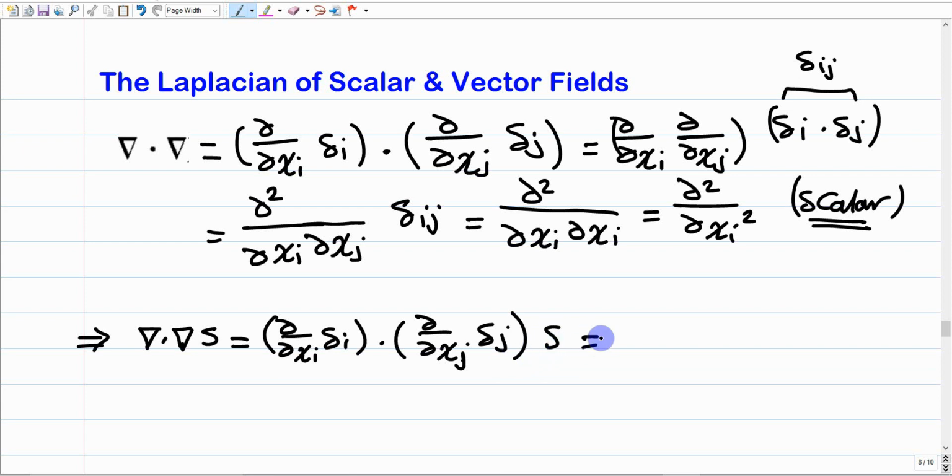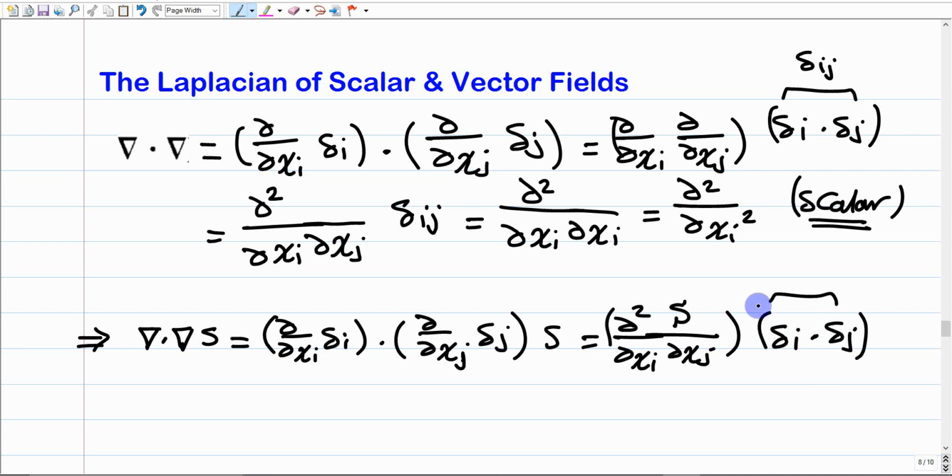So this is going to give us the partial square by partial xi partial xj of s. This is the second derivative of the s function, once with respect to xi, another time with respect to xj, and we do the operation over the deltas. So we're going to have delta i delta j, which should give us delta ij, right?